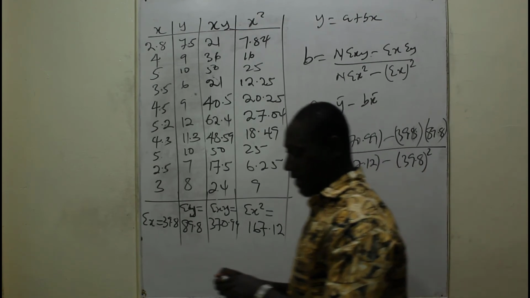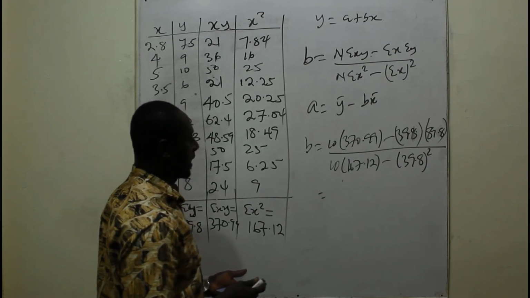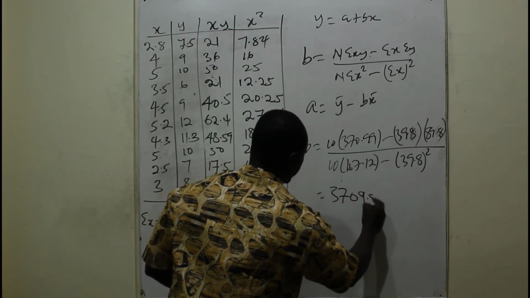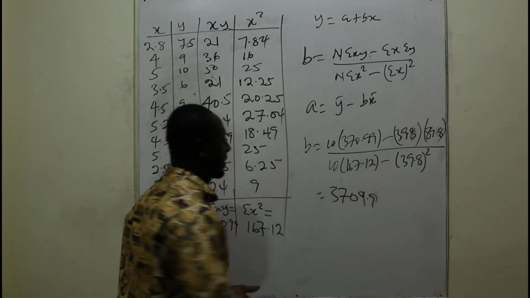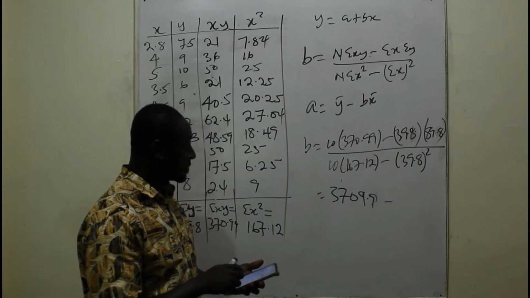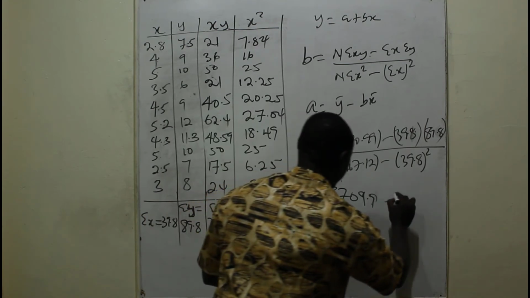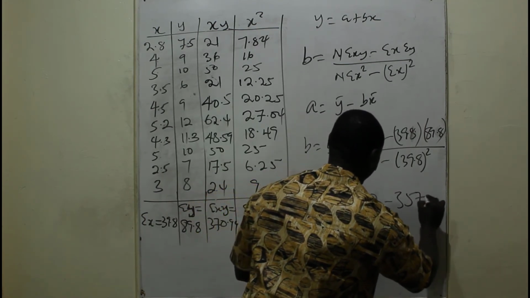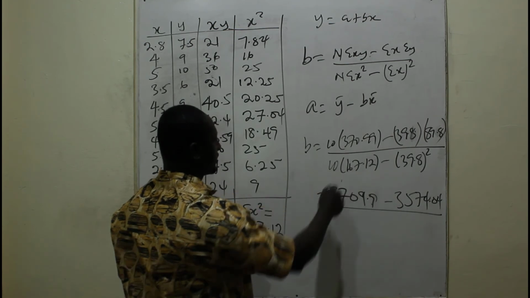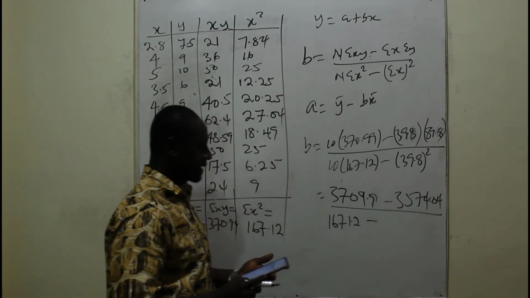And so we try to simplify. Let me pick my calculator. I'll have 10 times 370.99, which gives 3709.9, minus 39.8 times 89.8, and that gives you 3574.04, divided by 10 times 167.12 minus 39.8 all squared.